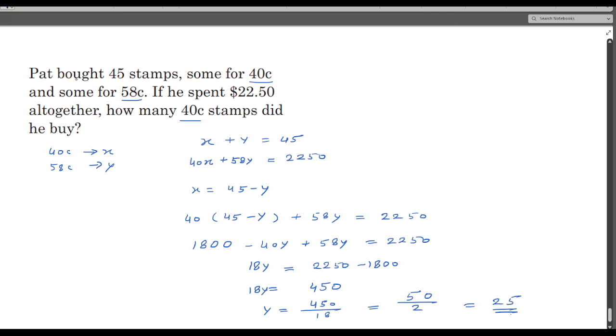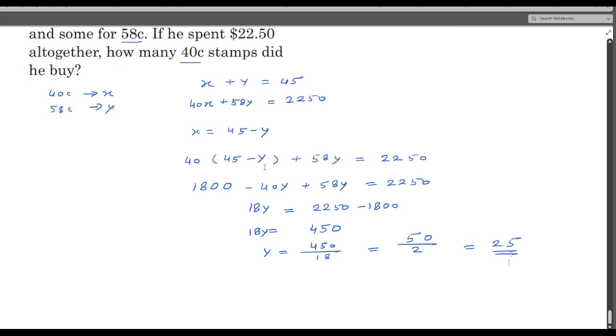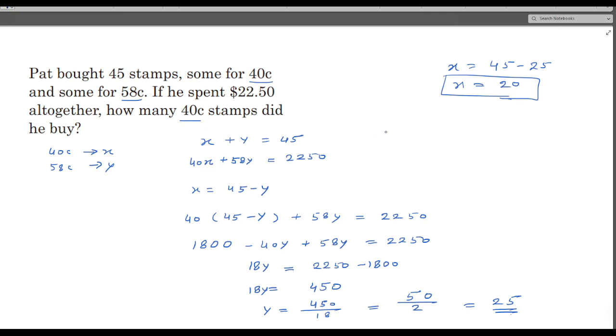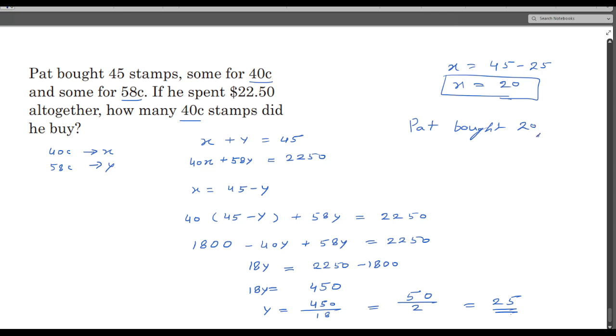Okay, so we are not using a calculator for these problems. Y is 25. Now the value of X: X is 45 minus Y, which is 25. So 45 minus 25 is 20, and X is the number of 40-cent stamps. How many 40-cent stamps did he buy? So Pat bought 20 40-cent stamps.